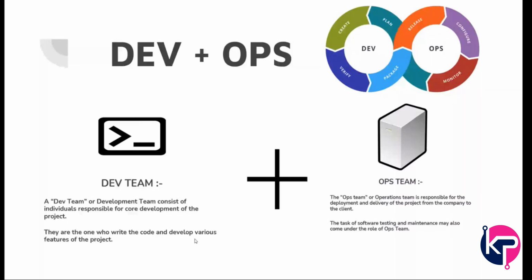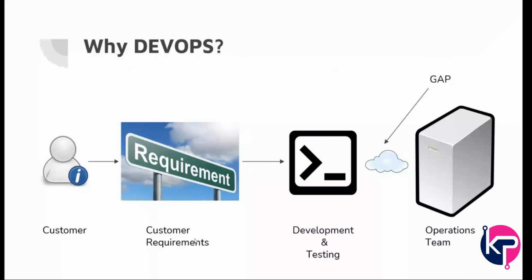Okay, as I mentioned, the customer will provide the requirement, and the development team gathers the requirement and does the development and testing, and then the operation team is the people who manage the application and servers. So we have a small gap in between. The development or testing team does not understand whether it's a Linux machine, an Ubuntu, or a Windows machine.